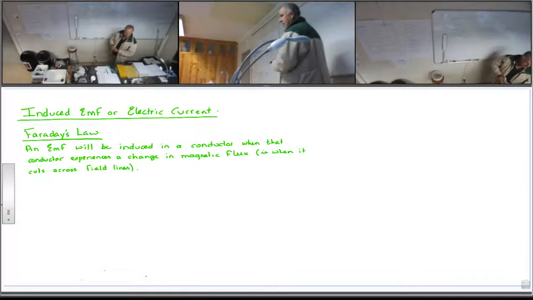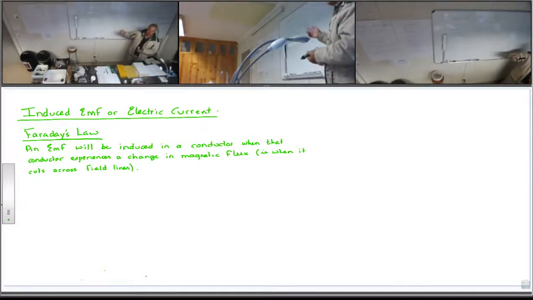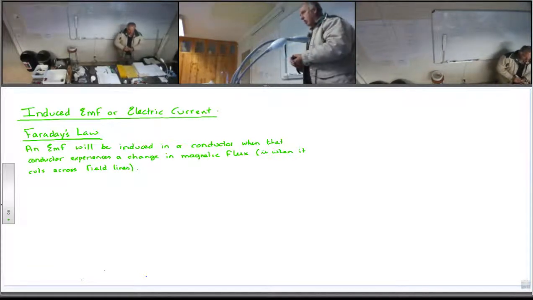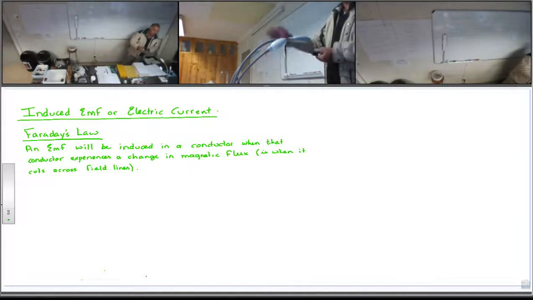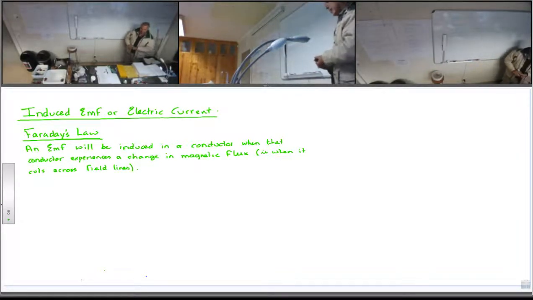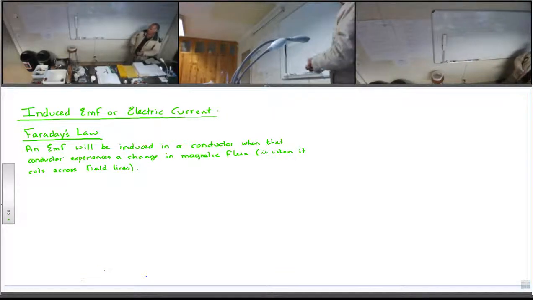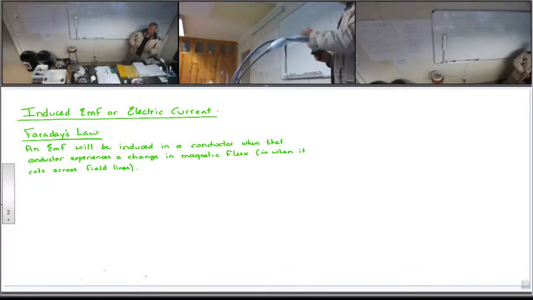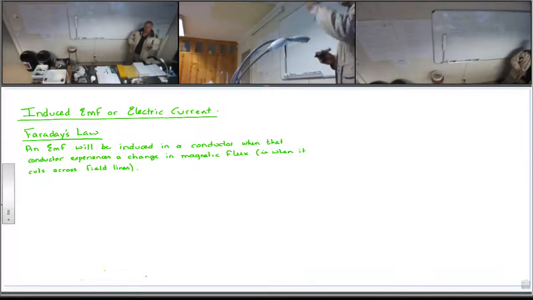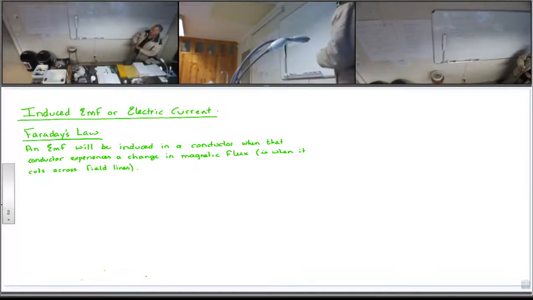Right. Faraday goes on to say a bit more than what your textbook states, and that's why I'm not keen to say that is the definition. I want to double check on what the exam guidelines state, okay? Because I know that Faraday's law says more than what your textbook states. It goes on to say that not only will an EMF be caused, but that this EMF is proportional to the rate of change of magnetic flux.